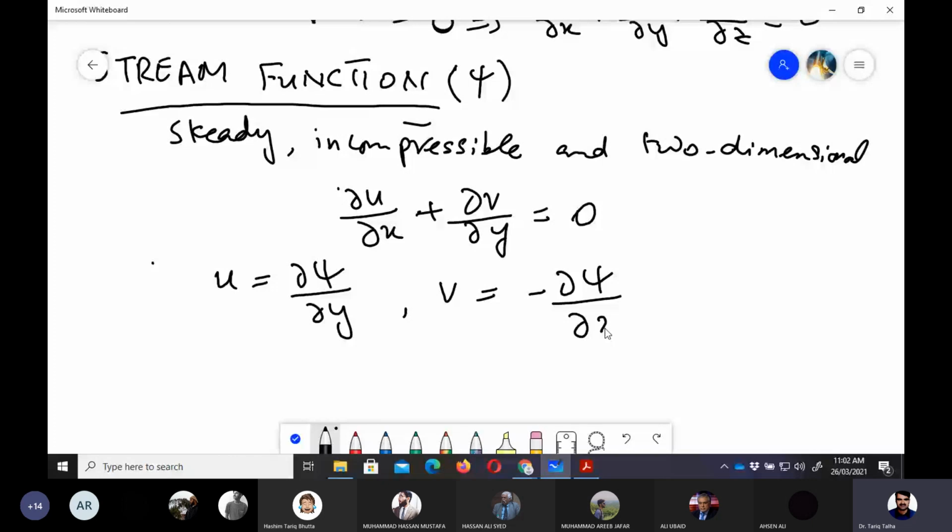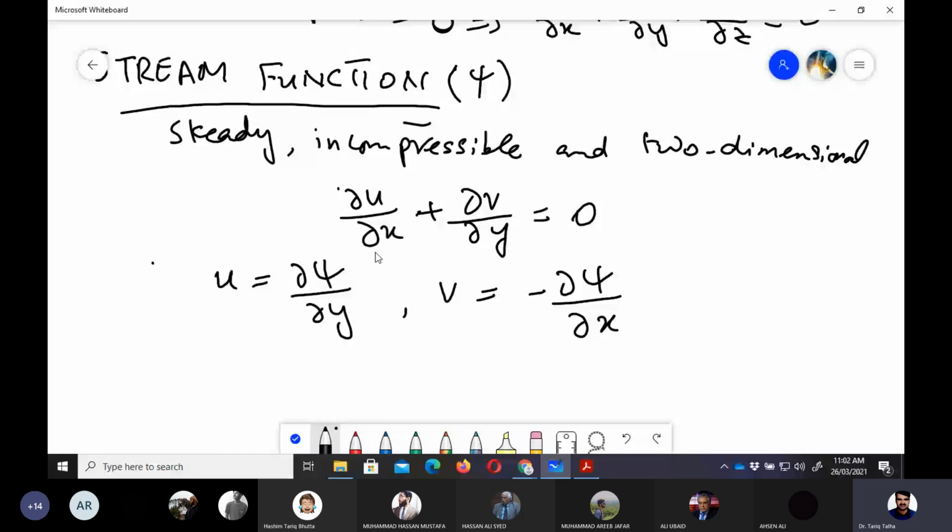Now, what is the reason to define this stream function? It satisfies the continuity equation for two-dimensional, incompressible, steady flow. First of all, we need to see whether this function does satisfy the continuity equation written here.